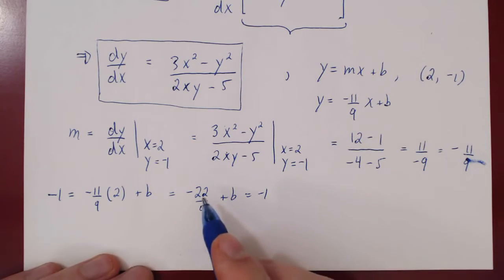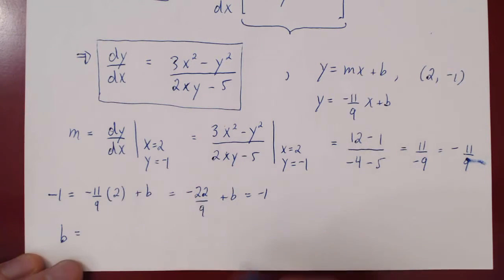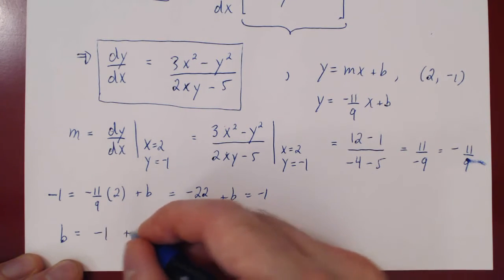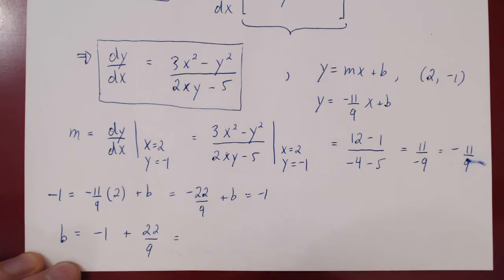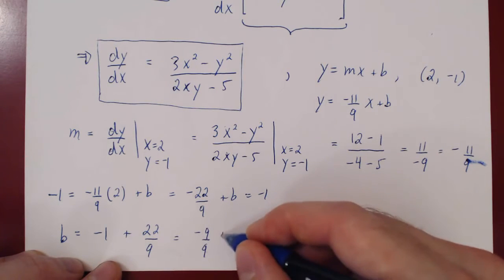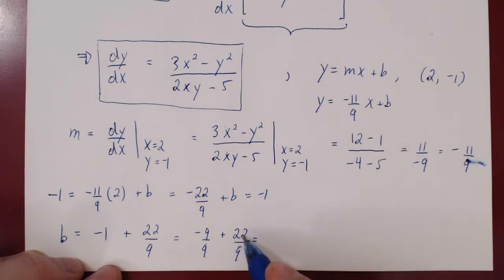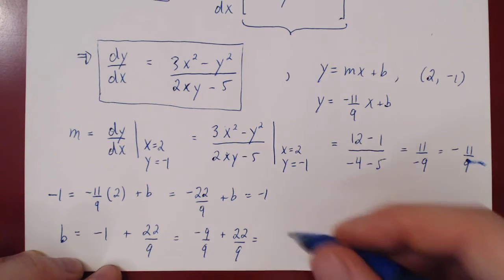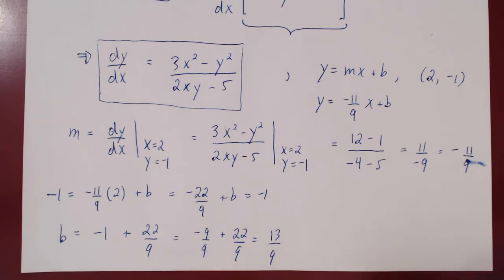So if you want to solve for b, add 22 over 9 on both sides. So b is negative 1 plus 22 over 9. Common denominator, negative 1 is negative 9 over 9 plus 22 over 9. 22 minus 9 is 13. So that's 13 over 9. And now we have the equation of our tangent line.